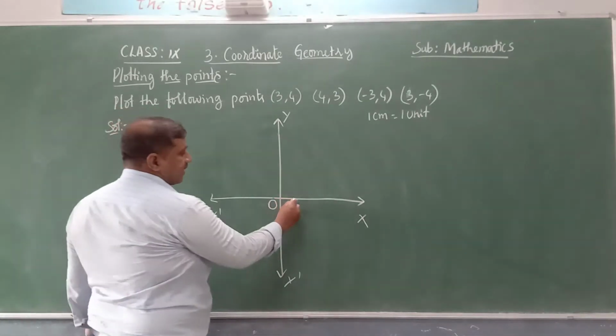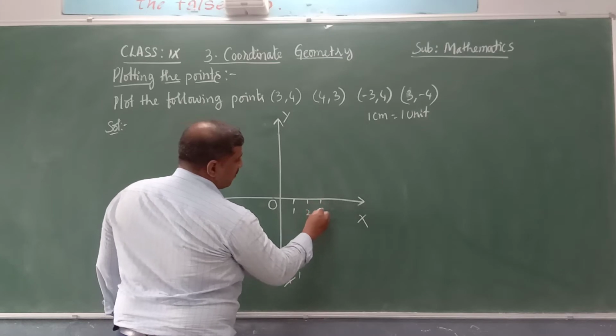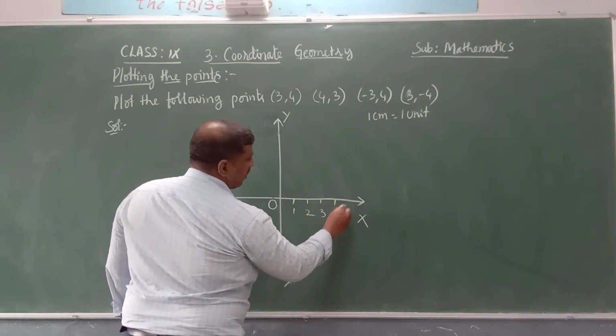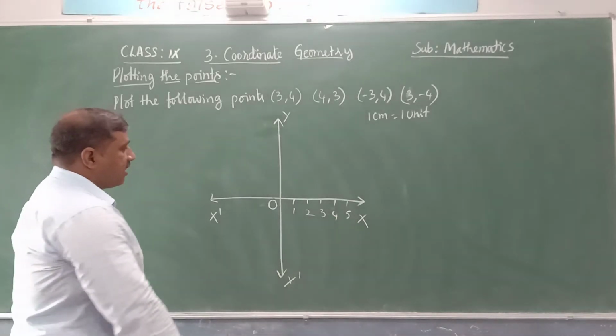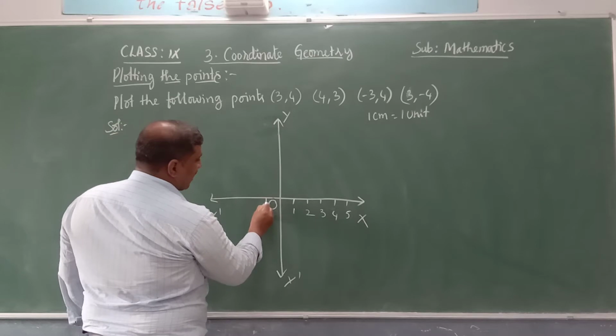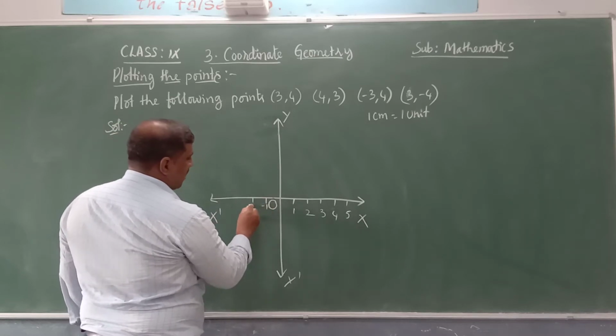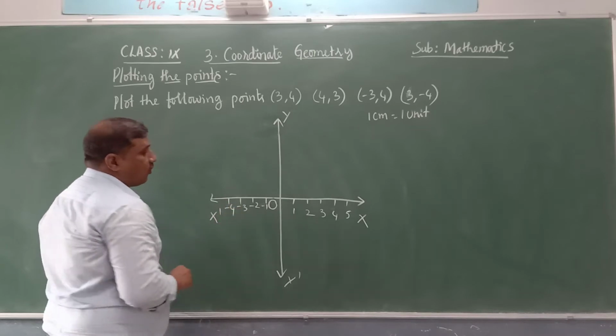So we mark 1, 2, 3, 4 and 5 at equal distances. On the left side we keep negative values: minus 1, minus 2, minus 3 and minus 4.